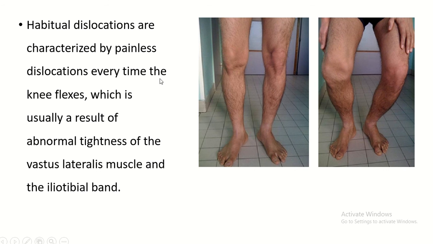Habitual dislocations are characterized by painless dislocation every time the knee flexes, which is usually a result of abnormal tightening of the vastus lateralis muscle and iliotibial tract.